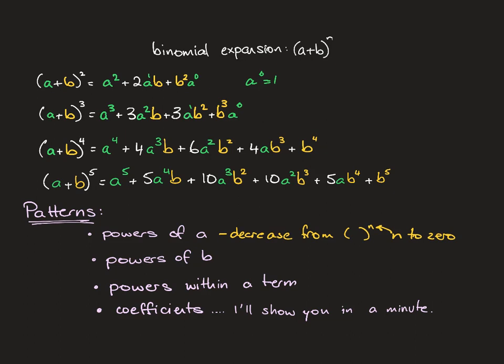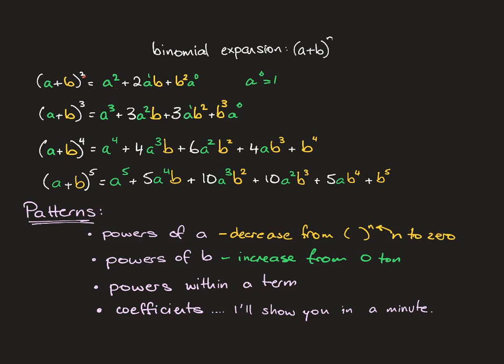Our powers of b do the opposite, they increase from 0 to n as we go across. So let's have a look at those. So let's look at the top one here. So we've got b to the power of 2, and so we're going to start with this first term here.